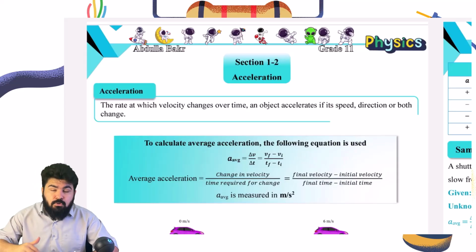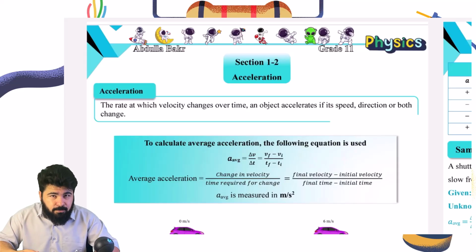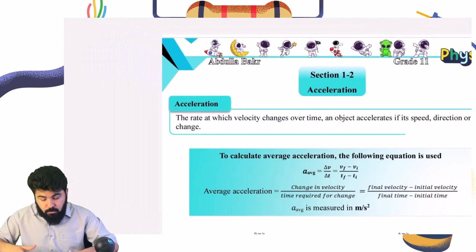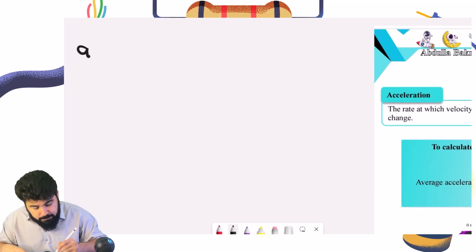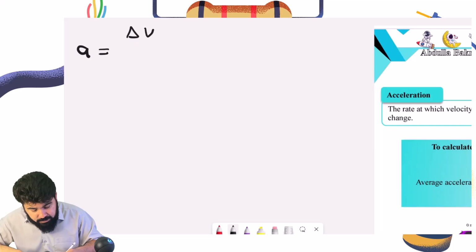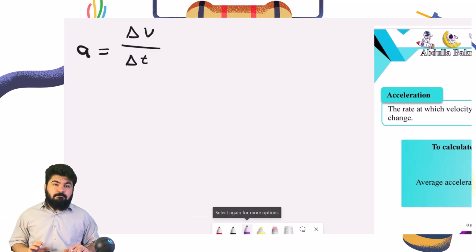Most people mistake acceleration for velocity. They think these two concepts are the same, but they're actually quite different. For acceleration, we use the symbol small a, and we have this equation: delta v divided by delta t. What does this mean?